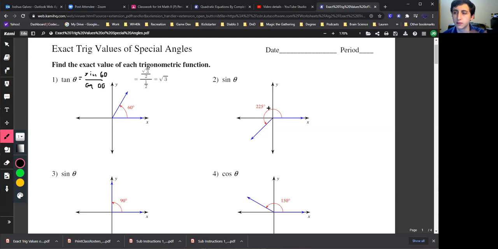So again, what's the sine of 45 degrees? That's the square root of 2 over 2. And this one would be negative. So this would be the same as the sine of 45, except negative. Let me go ahead and put a box around my answers like this.